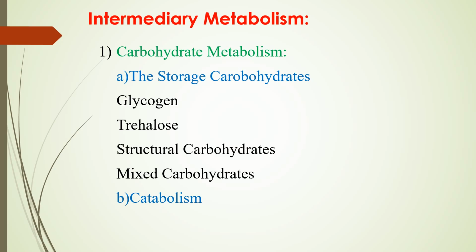Now, part B, that is catabolism. Glycogen phosphorylase is responsible for the primary cleavage of glycogen in flight muscles. Glycogen concentration decreases within 10 seconds after flight, and the fat body also shows phosphorylase activity.